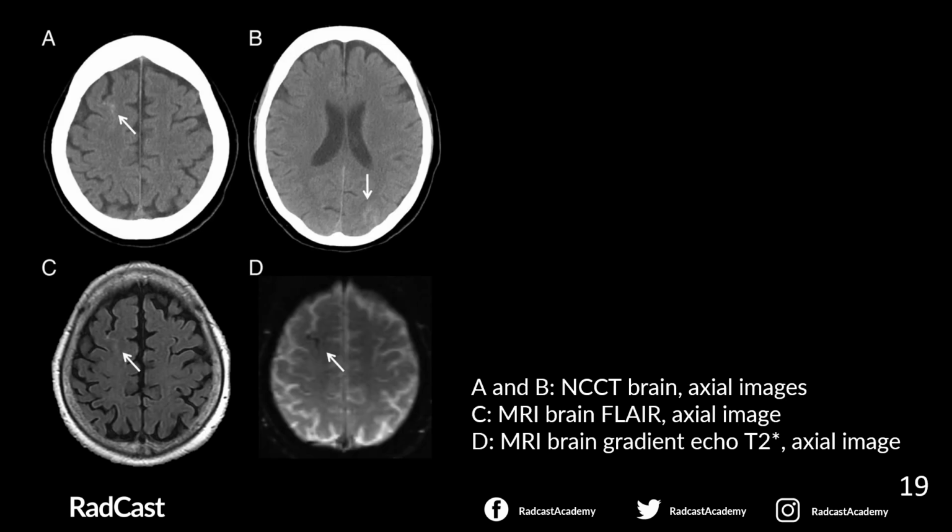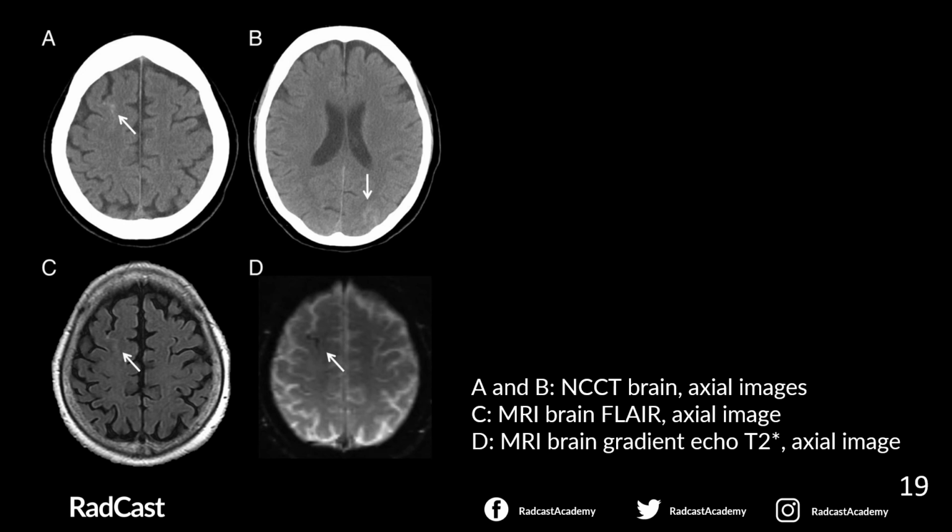This patient is an example of cortical or convexity subarachnoid hemorrhage, as we will see blood at the gray-white matter junction. A and B are CT brain images that reveal cortical subarachnoid hemorrhage in the right frontal and left temporal regions.